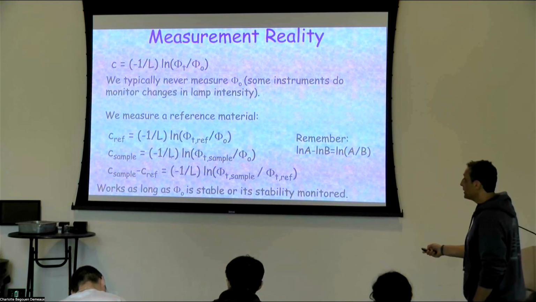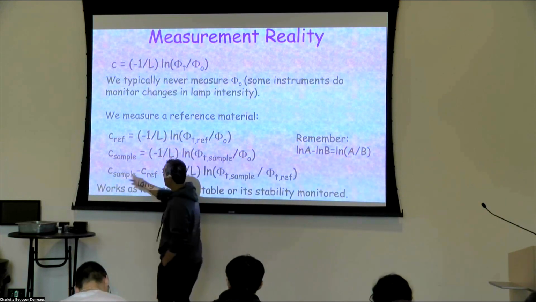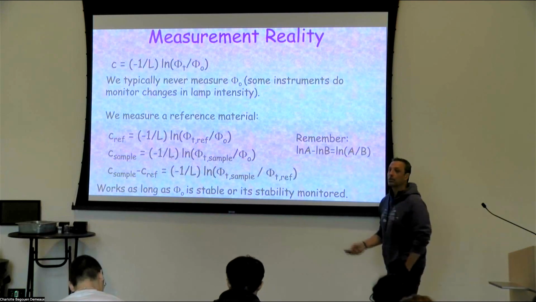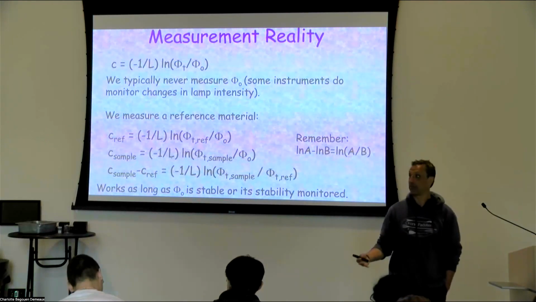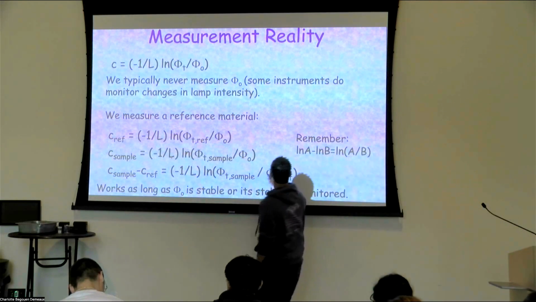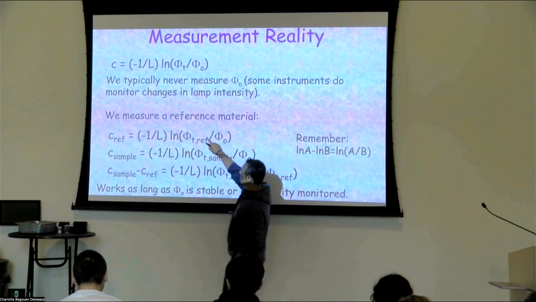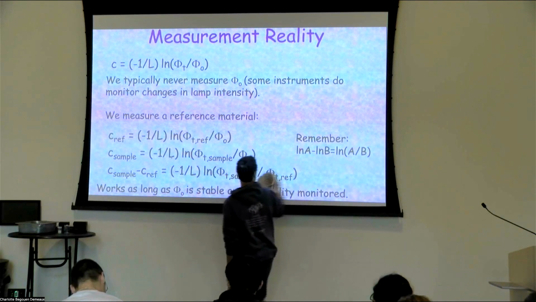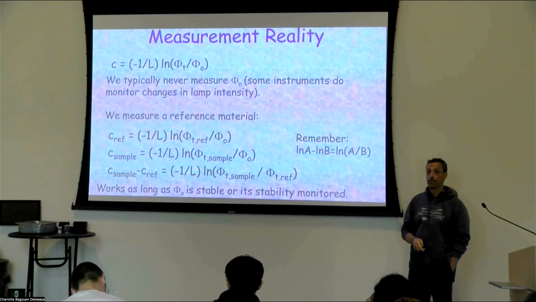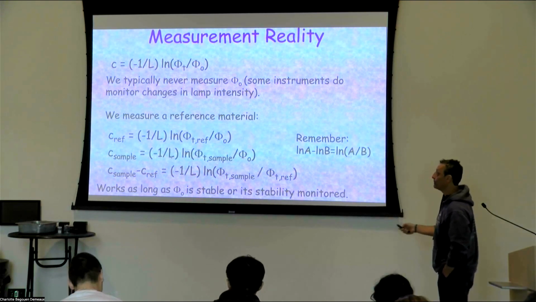If I zero it on my water, then I can do simple algebra with the IOPs. How do I come to this? Remember, log A minus log B equals log A divided by B. It's a simple logarithmic rule.